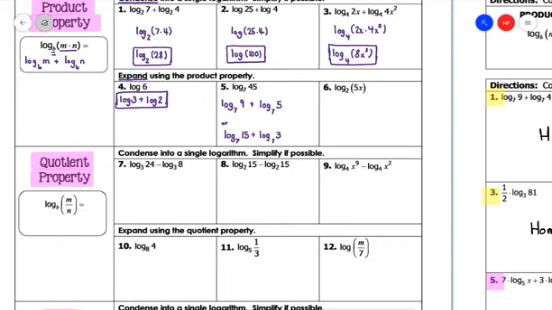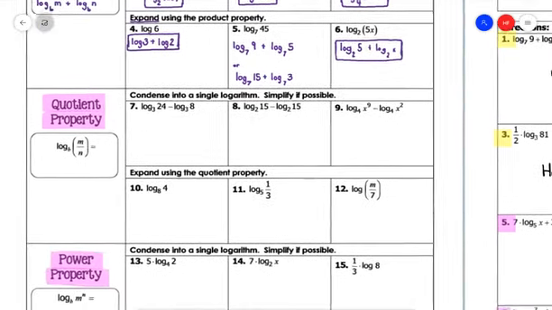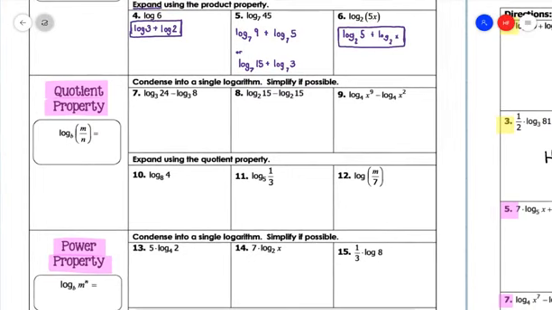And then on number 6, we can separate that 5x, and so we've got log base 2 of 5 plus log base 2 of x. And so we see that now I'm not writing it with parentheses. Again, it's completely up to you which one looks better to you, which one's going to be more clear for you. A lot of times when there is that multiplication in there, you will see it with the parentheses.